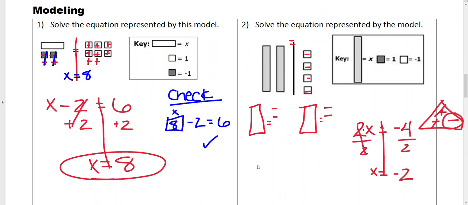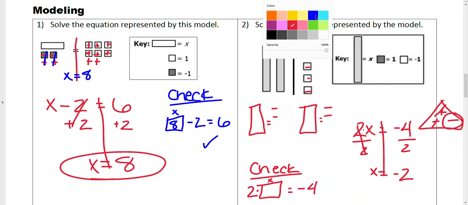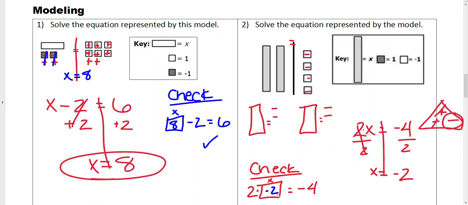Remember, again, you can also do that check step. So 2 times x should be negative 4. Well, if I plug in negative 2 there, is 2 times negative 2 negative 4? Yeah, it is. Okay, so you have different methods for solving those modeling ones.